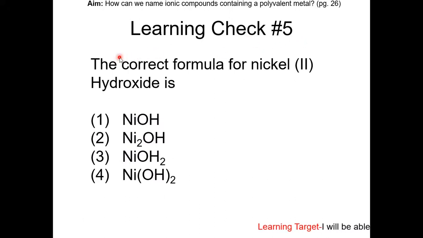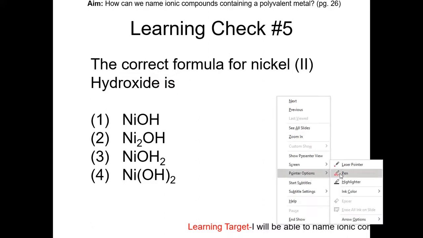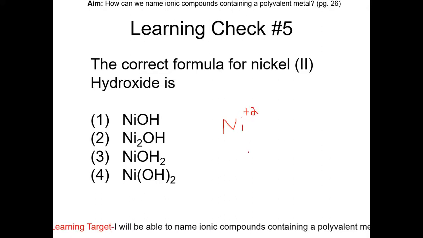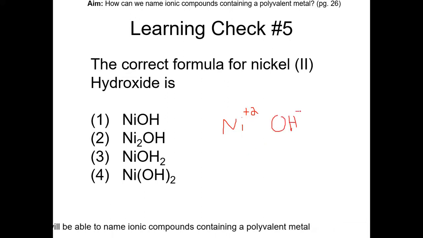Learning check number 5. The correct formula for nickel(II) hydroxide is what? Pause the video and resume once you complete this. So we know nickel has a charge of +2 because of the Roman numeral. If we look at table E on the reference table, hydroxide is OH with a charge of -1.